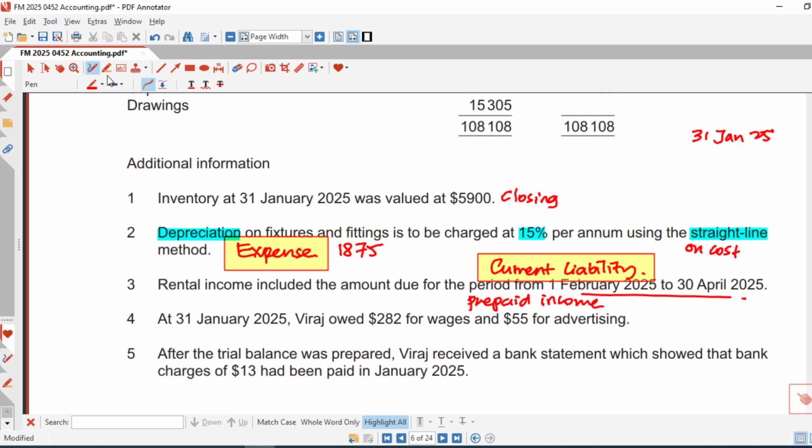So I receive something that I have not earned yet. Does it belong to me? No. It means that I owe you my place for another 3 months. It's my liability. I've not earned the income, but I received it from you in advance. So that's where it turns into a current liability.